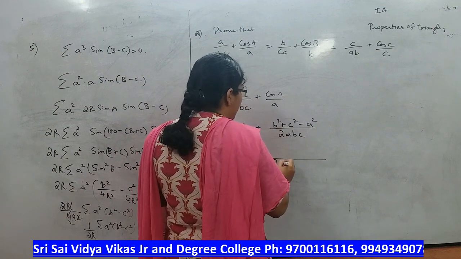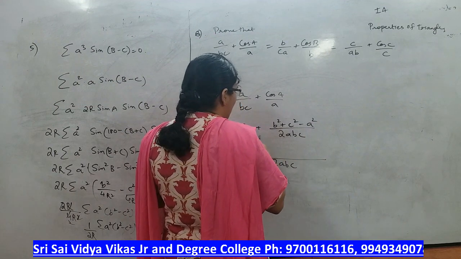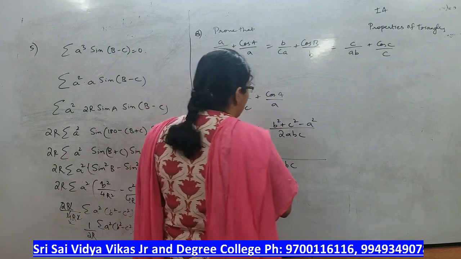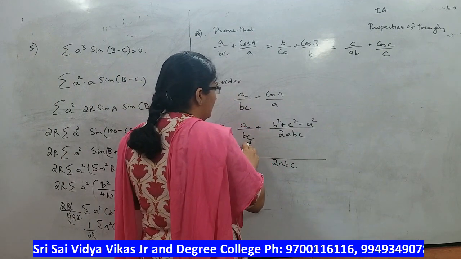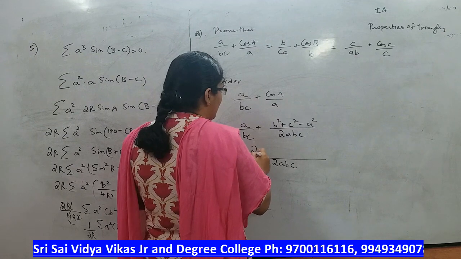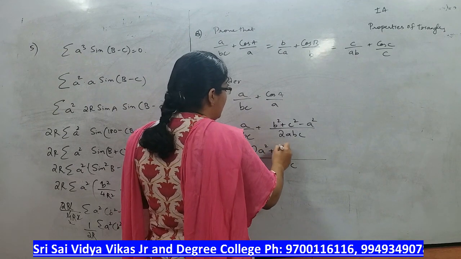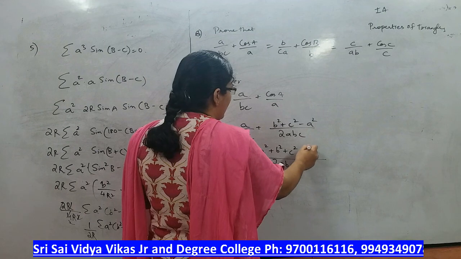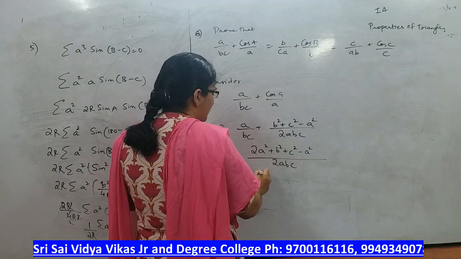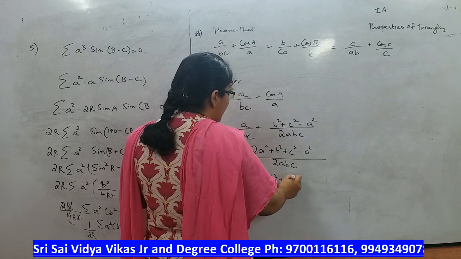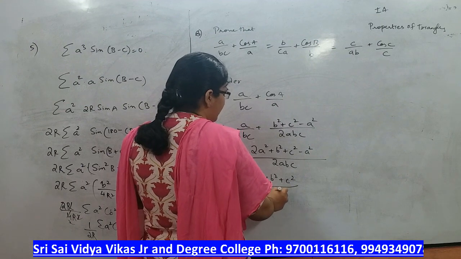If we take 2abc as the LCM, what is missing here? 2a square is missing. So this is 2a square plus b square plus c square minus a square, that is equal to (a square plus b square plus c square) by 2abc.